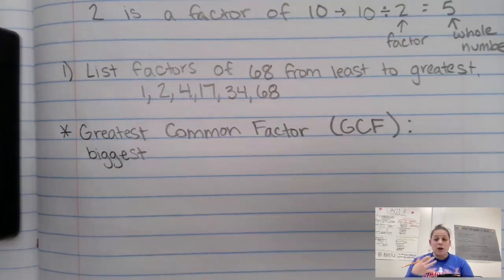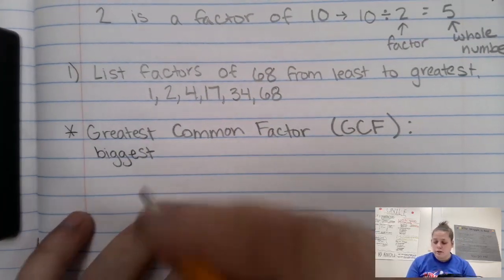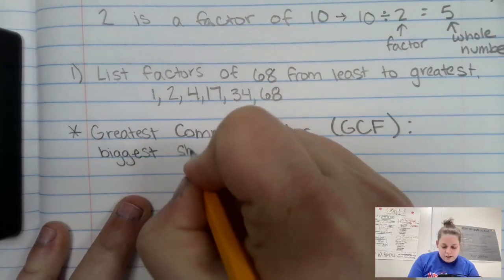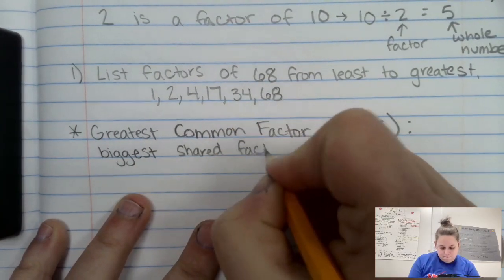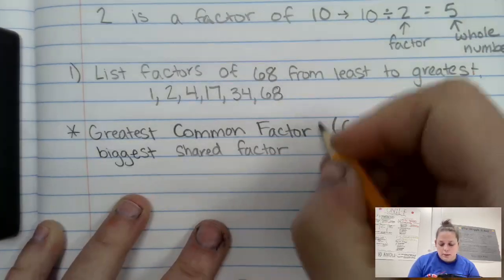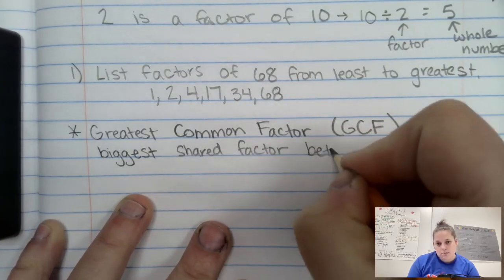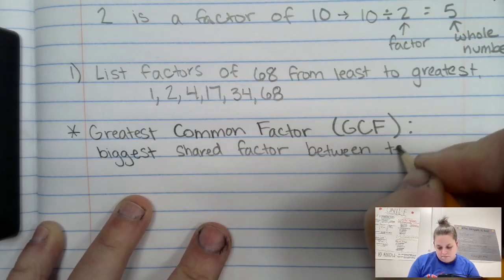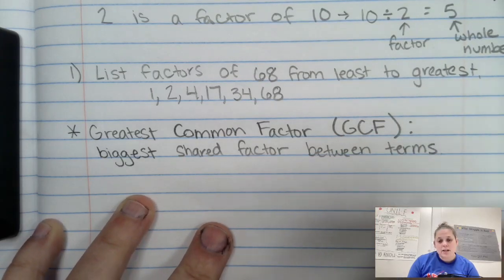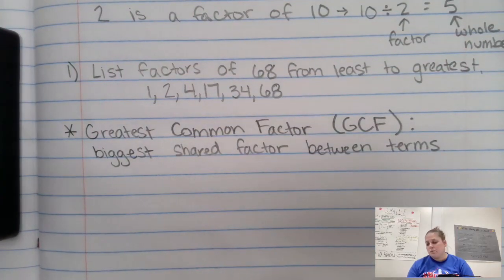Common means like something we have in common, something we share, so greatest shared factor between numbers, or we could say between terms. And today we're just going to do numbers to start off with.